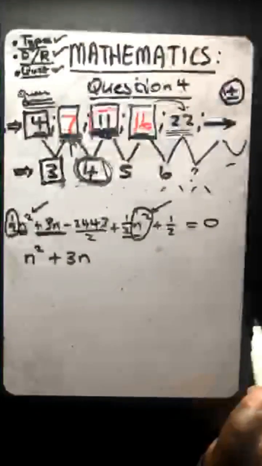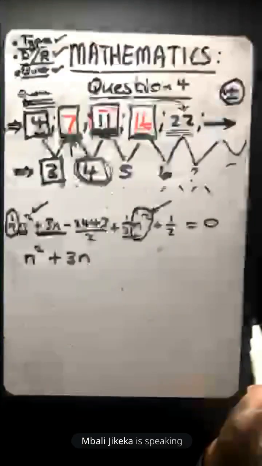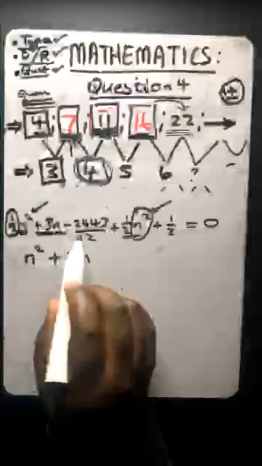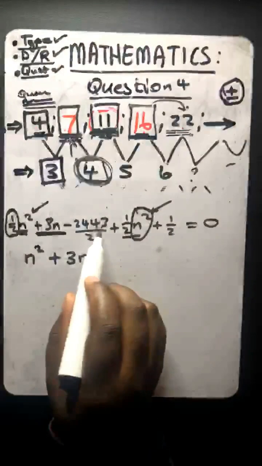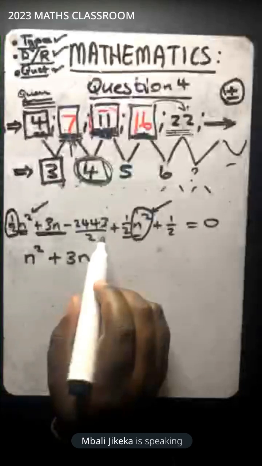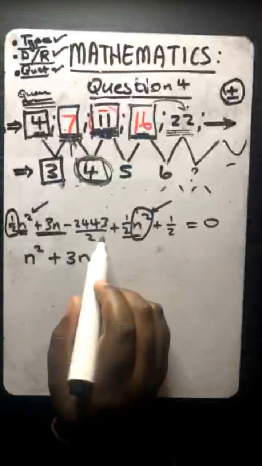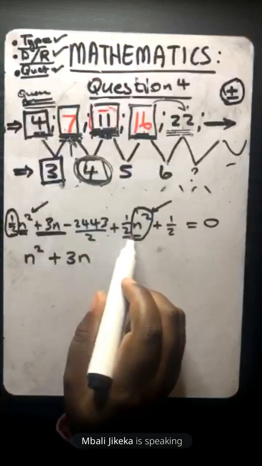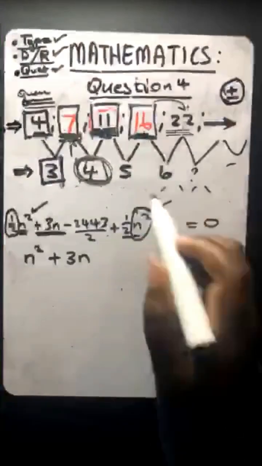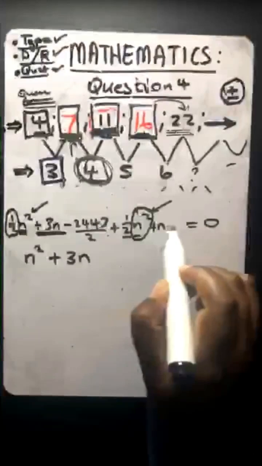Yes. Then there is negative minus 2443 over 2, then plus 1 over 2n squared, then plus n over 2. Oh, yes. Maybe the honorable member missed an n there. Then you have a plus half.